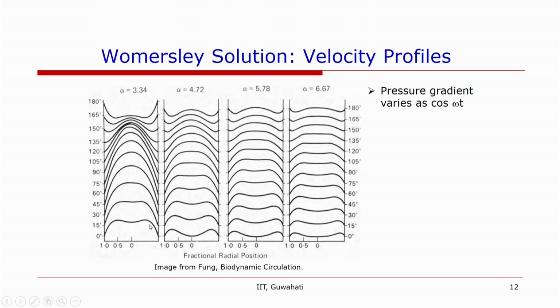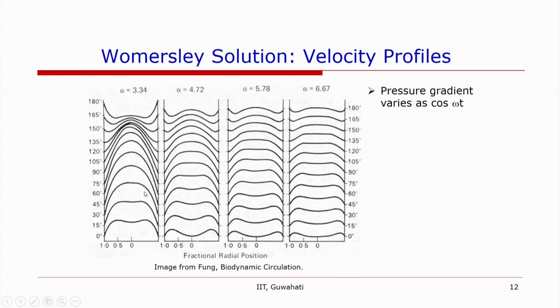The first profile here is for omega t is equal to 0, then omega t 15, omega t 30, and so on and so forth up to 180. And you might notice that after 180 the profile has become inverted, in all the cases. So 180 to 360 the profiles will be the same but inverted.